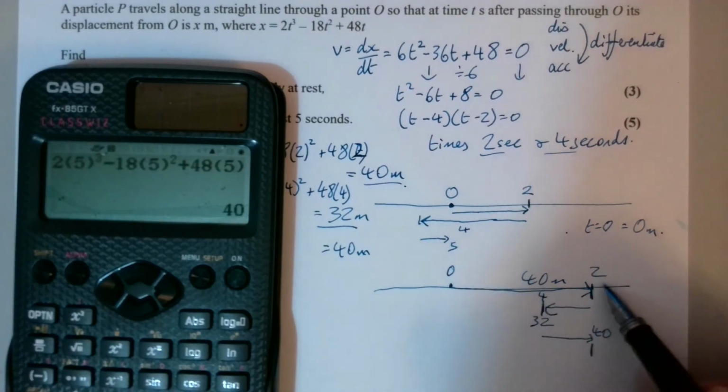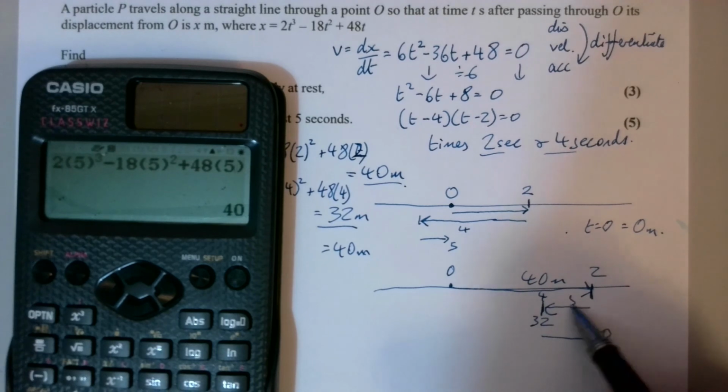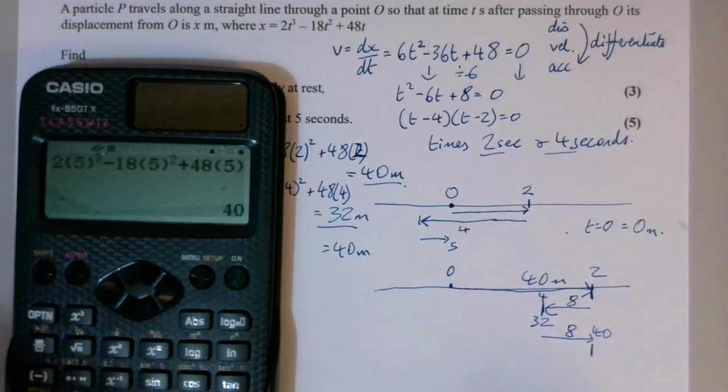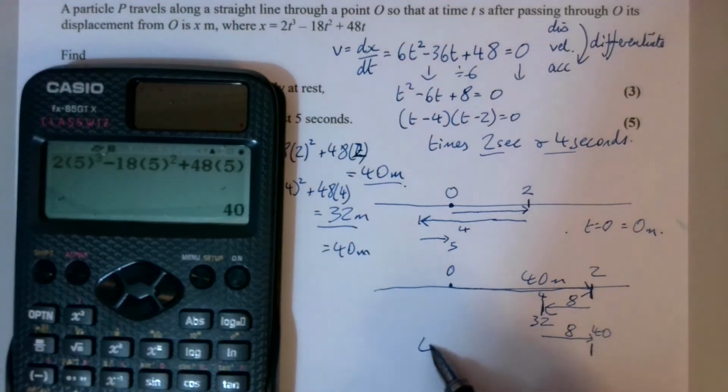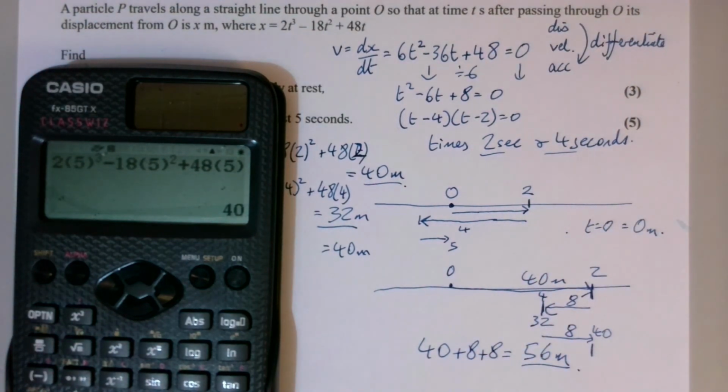So we've actually got 40 meters. From 40 back to 32 is 8, from 32 back to 40 is 8 again. So we've got 40 plus 8 plus 8 equals 56 meters. And that's it.